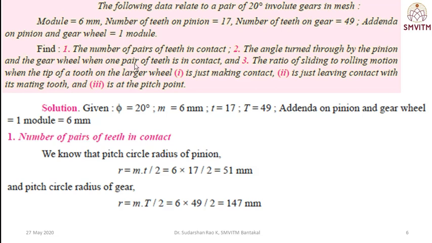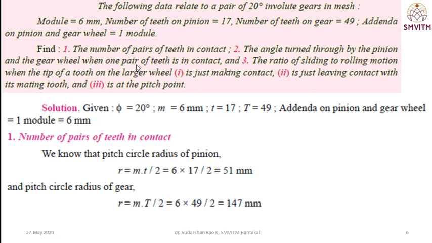Find the number of pairs of teeth in contact, that is the contact ratio; the angle turned through by the pinion and the gear when one pair of teeth is in contact; and the ratio of sliding to rolling motion when the tip of the tooth on the larger wheel is just making contact, just leaving contact, and at the pitch point. We'll solve one by one.